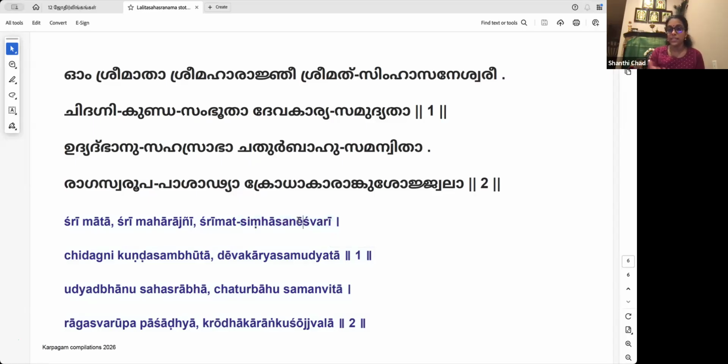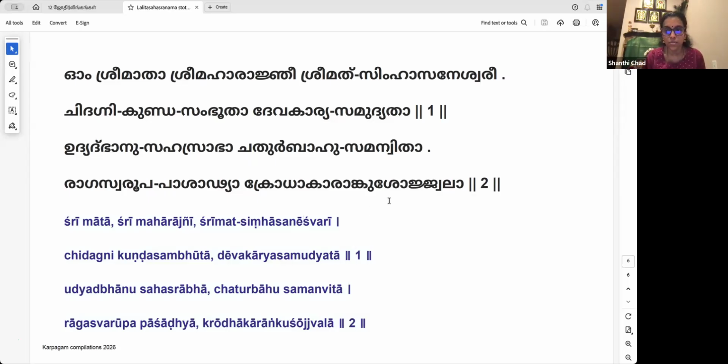But in A, just like Hindi or Sanskrit, there's only one A, so that is a long vowel. No confusion. And O also only one O, that is also the long vowel. There is no short O like in Malayalam or Tamil, or any other regional language. And of course, Maha.